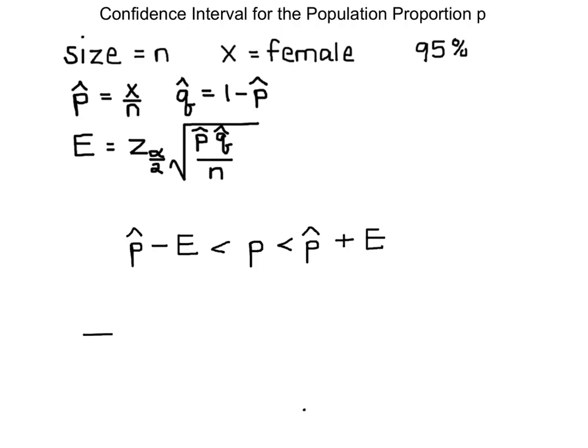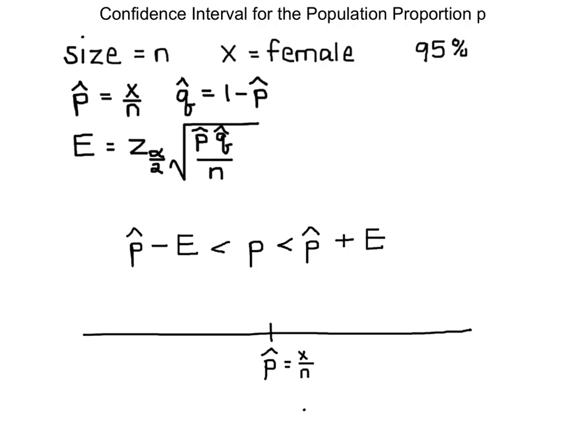That is to say, imagine we have a number line, and this is our p hat value. This is our sample proportion, maybe some x over the total number in the sample.